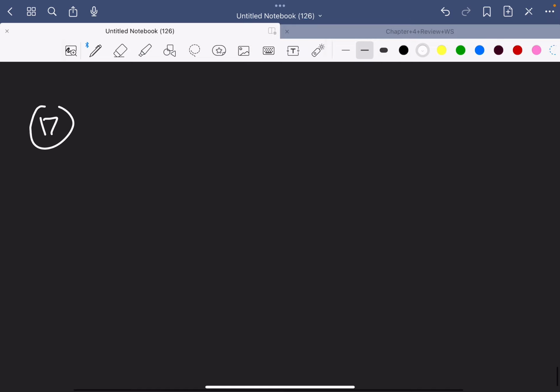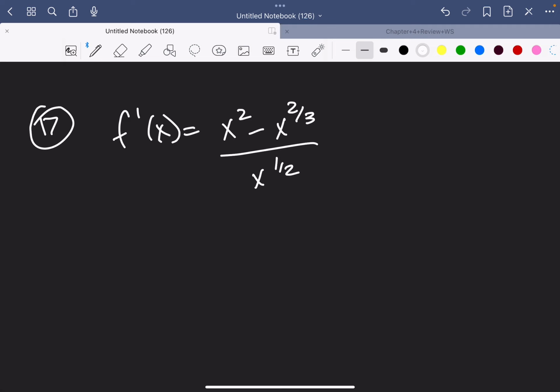If we look at 17, if 17 is f prime of x and it's equal to x squared minus x to the 2/3 over x to the 1/2, and f of 1 is equal to negative 1/3, then I should be able to find out what f is.